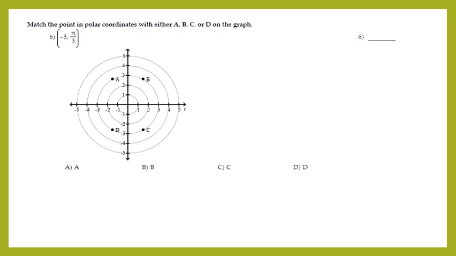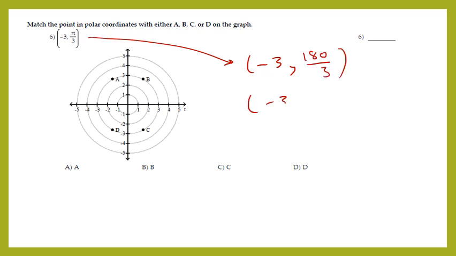Number 6, match the point negative 3 and pi over 3. I will calculate it as 180 over 3. So it's negative 3 and 60 degrees. Ignore the negative right now. Go to the point first, 3 and 60. The point 3 and 60 is B, right?